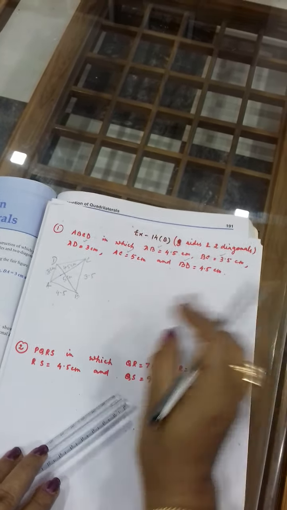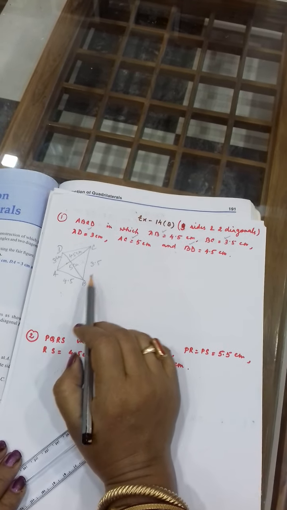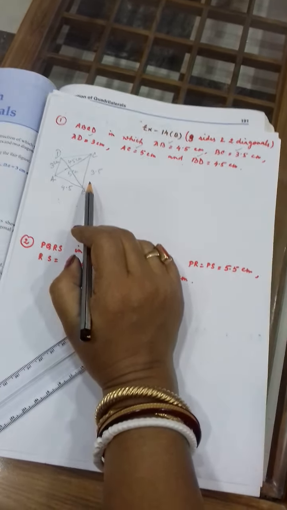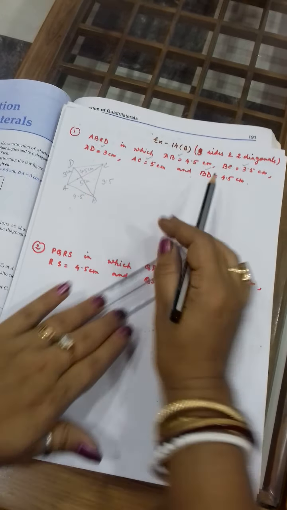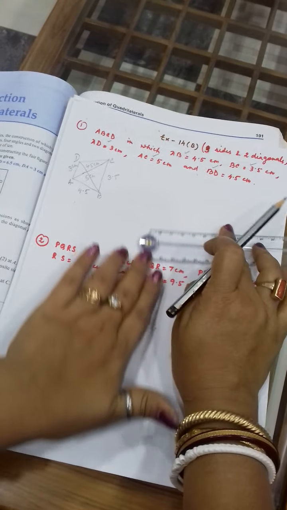When you start the construction, first, out of the 3 sides, any one side you will consider as the baseline. Clear? Any one side you will consider as the baseline. So AB, BC and AD, out of these 3 sides any side you consider as the baseline.